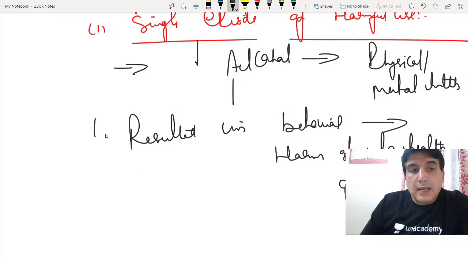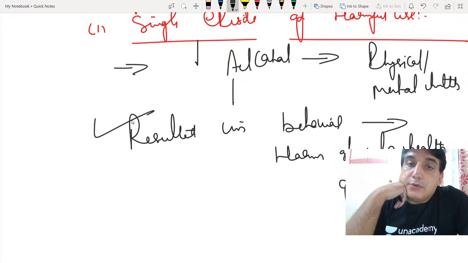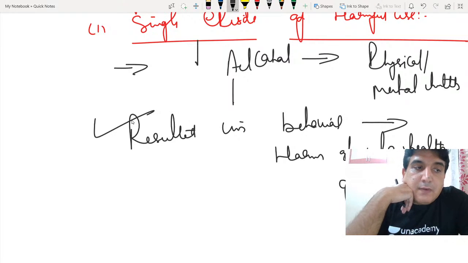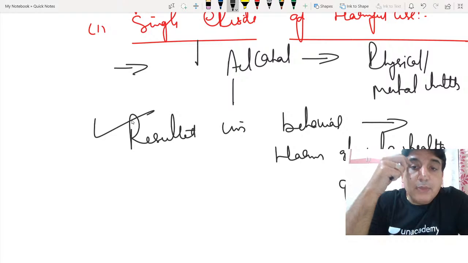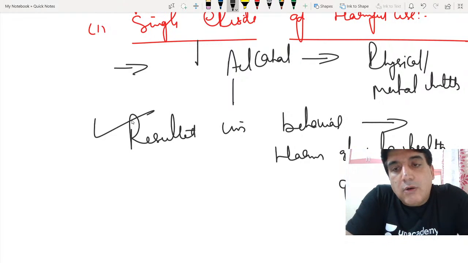So a single episode of use of alcohol which causes physical or mental health harm, or which results in behavior leading to harm to the health of others.